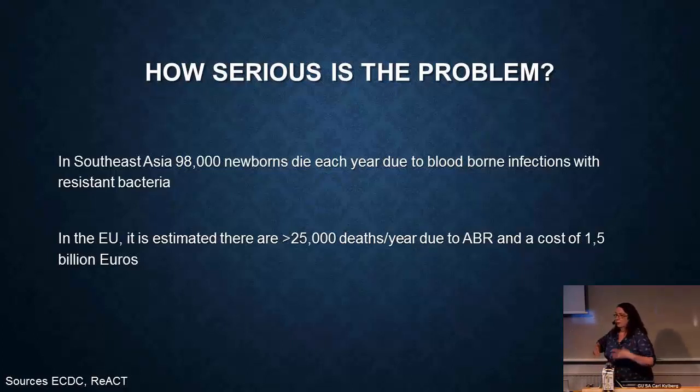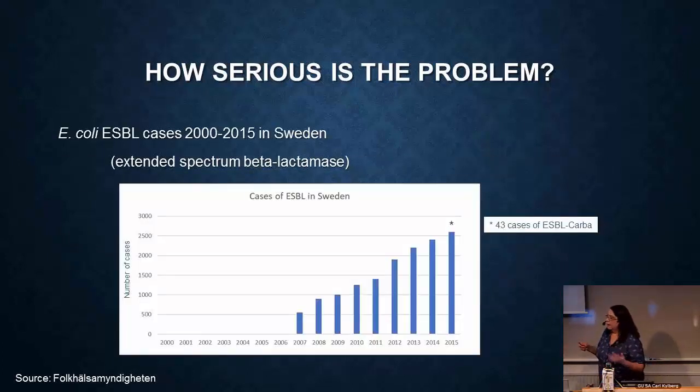Now in Sweden, we are doing well relative to the rest of the world, but we are not going to continue to do well unless something happens. This is looking at data from one particular bacteria and one particular type of resistance called ESBL, and you'll hear more about that later. And these are the number of cases between the year 2000 and 2015 in Sweden. And you can see that the numbers are fairly low. In 2015, it was 2,500 cases.